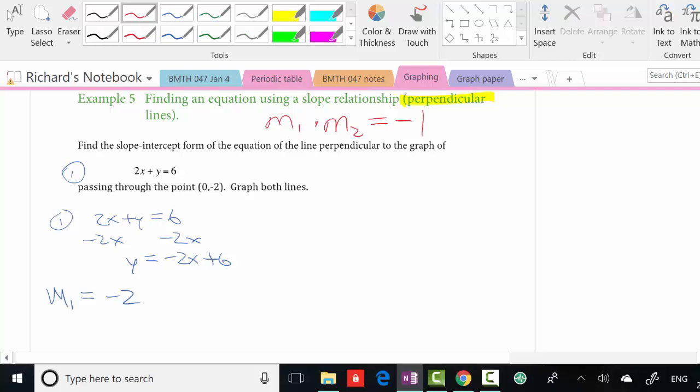In practice, this means that, here are some examples: if the first slope is 1/2, the second slope will be minus 2 over 1. If the first slope is minus 5, the other slope will be plus 1/5.